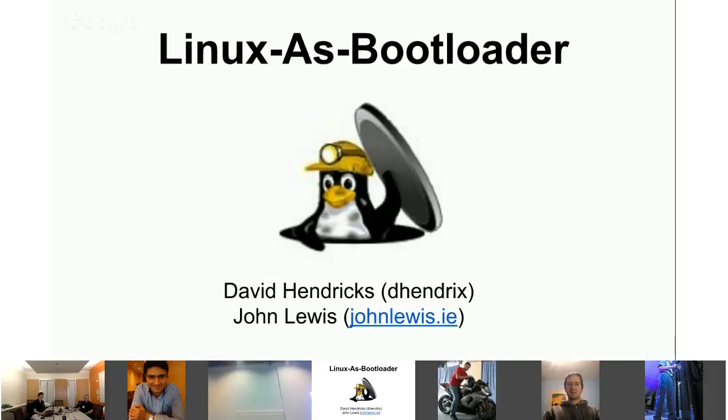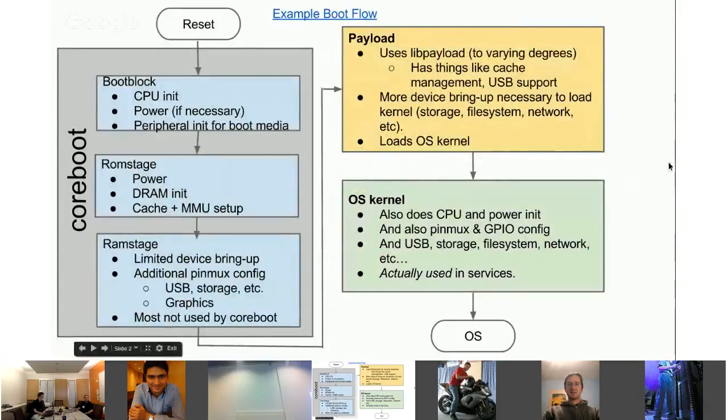All right, so Linux-As-Bootloader. We're all pretty familiar with how this is just kind of a boot flow. coreboot goes through the boot block, does CPU init, power stuff. It might talk to a PMIC to bring up power rails.